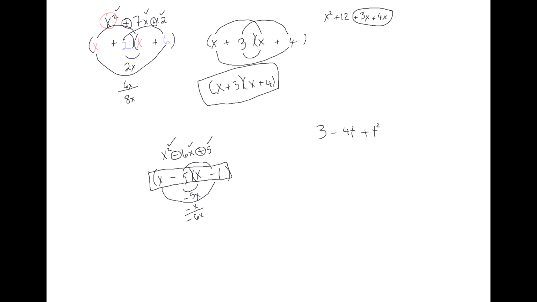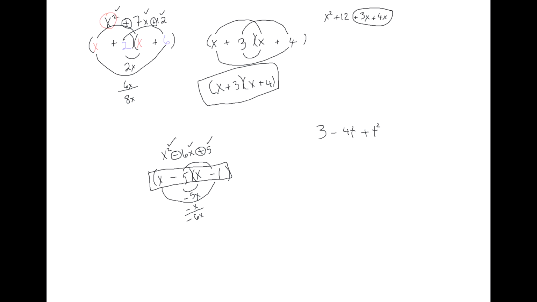I can factor it this way, but I don't like to. So I'm going to write it in the reverse order, the way that looks more normal to me, with the exponent and the variable first and the 3 being last. I'm just going to take note of their signs.